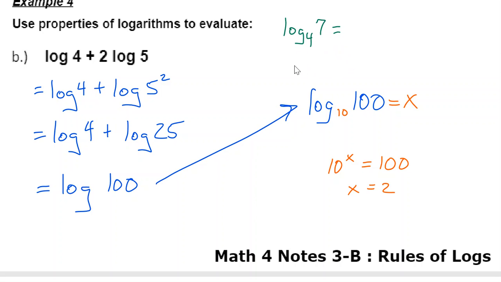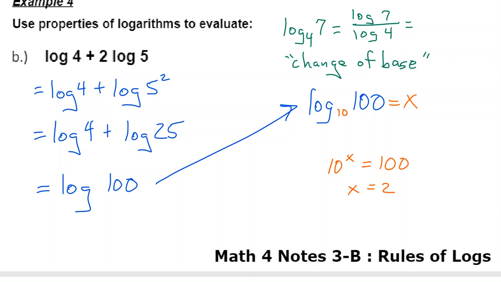And we have this little trick that we call the change of base. It's like the base is down lower than the 7 is, and so we can rewrite it like this: log of 7 over log of 4.